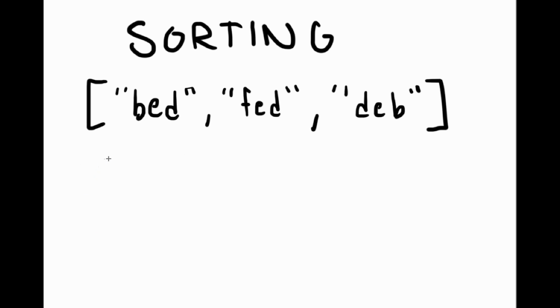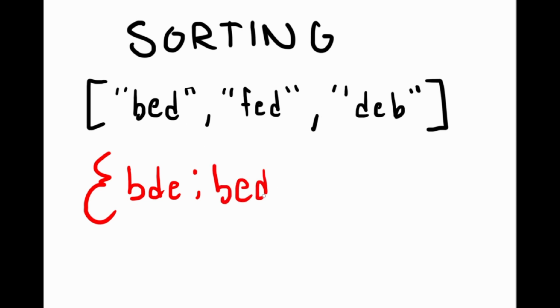So our dictionary would hold the sorted version of bed, which turns into bde. Along with that, we will include every single value that, if sorted, ends up being bde. That includes bed and also includes Deb.